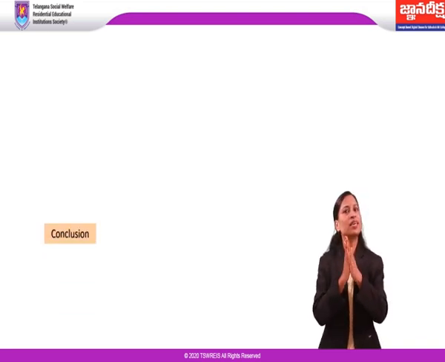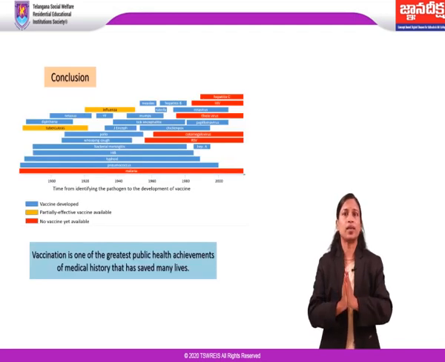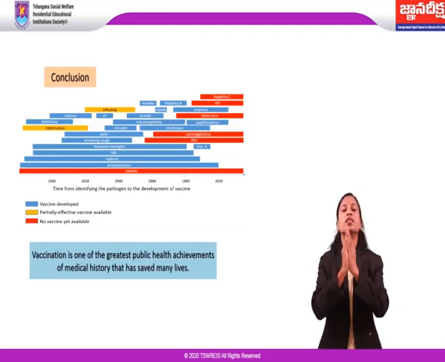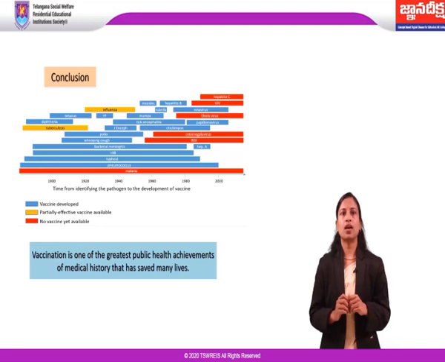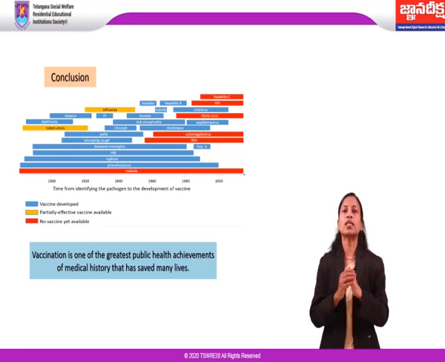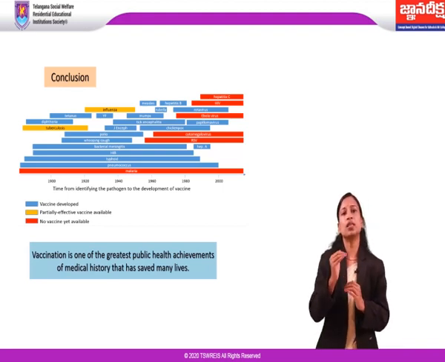Vaccination is one of the greatest public health achievements of medical history that has saved many lives. Besides COVID-19, it is evident from this picture that for many more infectious diseases there is no vaccine available yet. It's clear that new vaccines can be a breakthrough for global public health.